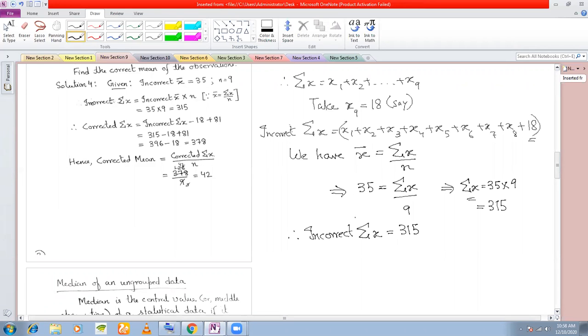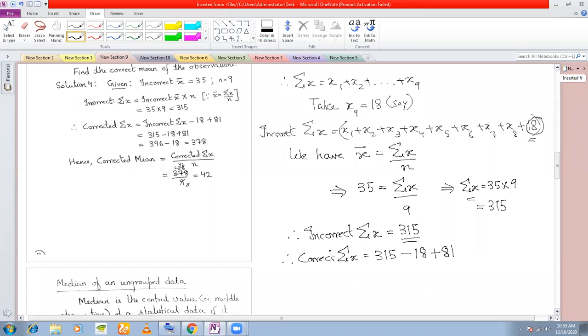Now from this incorrect sum, if I subtract the wrong observation, what should be the correct summation x? This was added wrongly as 315, and which one was the incorrect observation? 18 was the incorrect observation here in the sum. So I remove this 18. And which one was the correct observation? 81 was the correct observation, so I add 81.